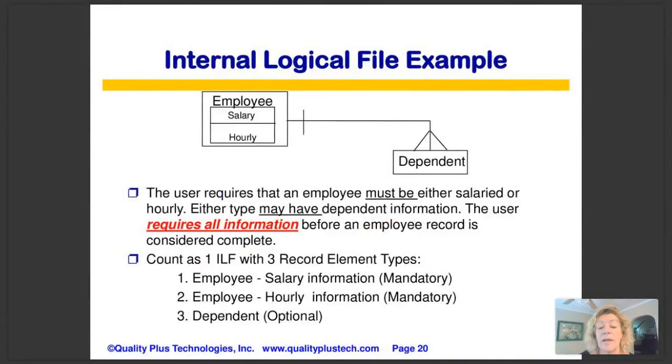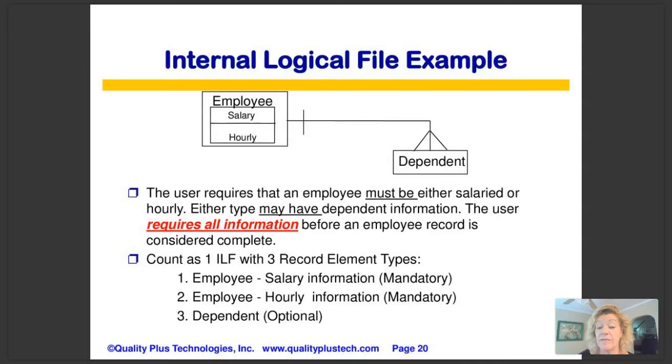So here's the example we had in class. The user requires that an employee must be, and when you see the words must be, that equals mandatory, so an employee must be either salaried or hourly. That means it has to be one or the other.